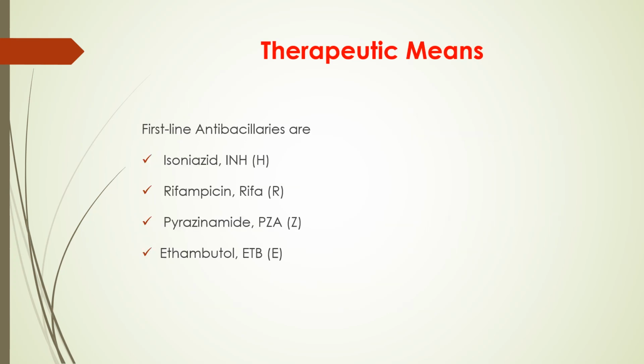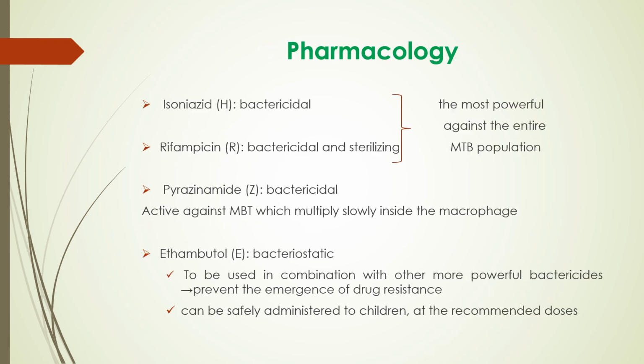What are the means of treatment? We have what we call first-line antibacillary drugs, which are 4: isoniazid, rifampicin, pyrazinamide, and ethambutol. Isoniazid is bactericidal, so it kills the bacteria. Rifampicin is bactericidal and sterilizing, and those two are the most powerful against the entire population of MTB except for the dormant ones.